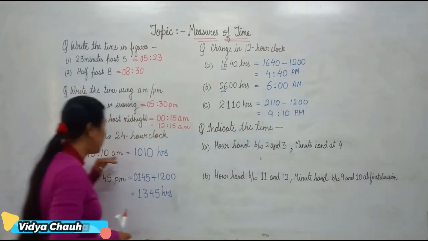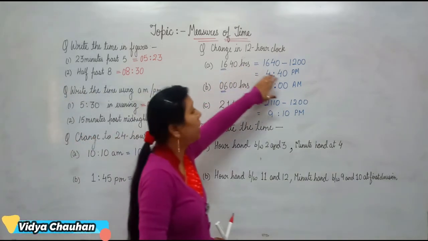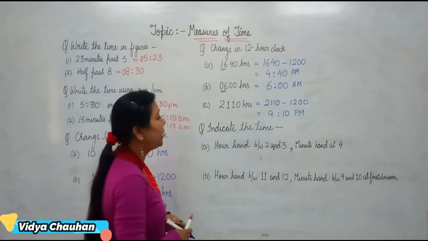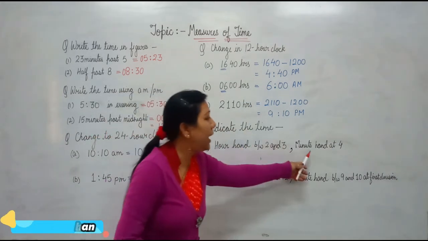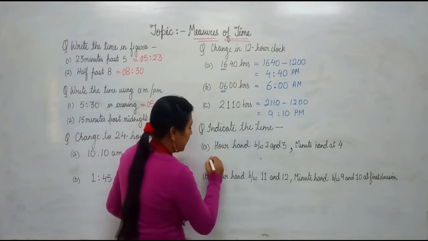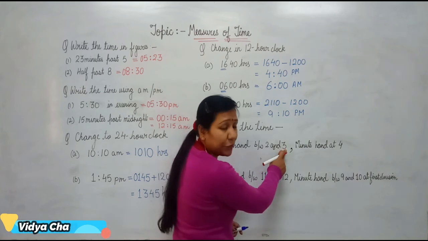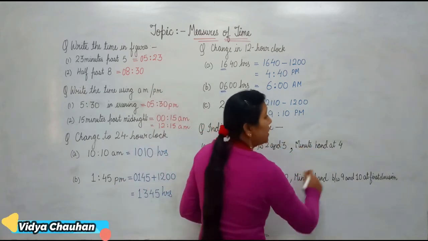Understood, students? How to convert a 12-hour clock to 24-hour and 24-hour clock to 12-hour. Now coming to the last question, in which you have to indicate the time when the position of the hour hand and minute hand is given to you. In the first part, it is said that your hour hand is between 2 and 3 and the minute hand at 4.